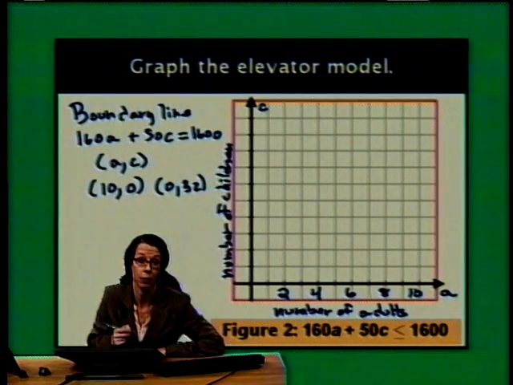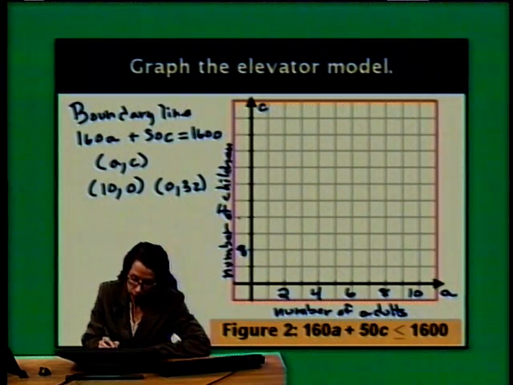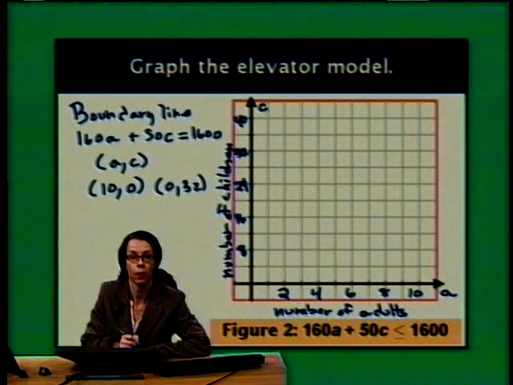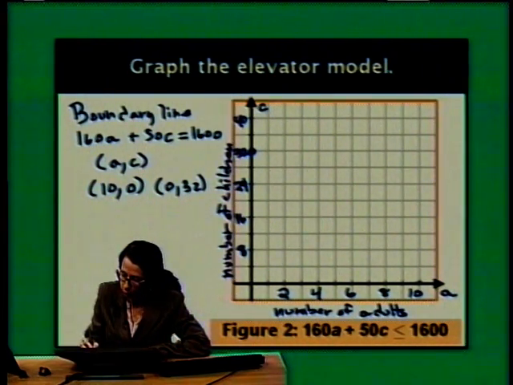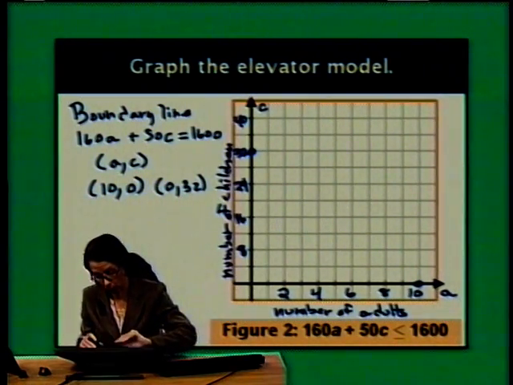And 4 times 8 is 32, and it looks like I have enough boxes to do that. I have 8, 16, 24, 32, 40. So graphing the boundary line, I will use the 2 intercepts. The boundary line is included in this model.